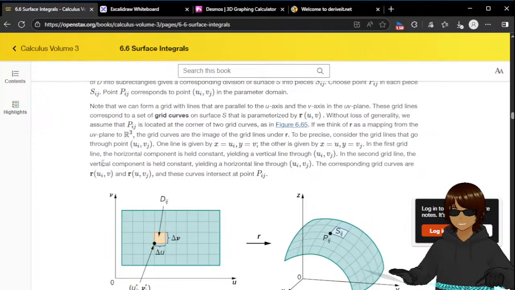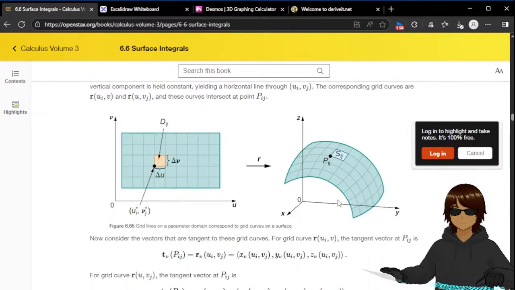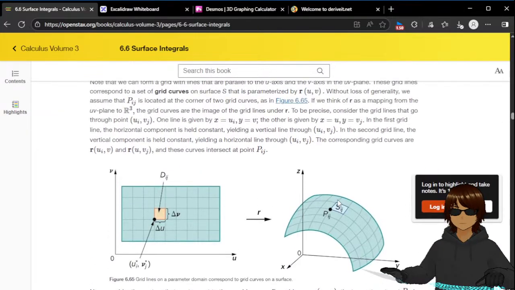In the first grid line, the horizontal component is held constant, yielding a vertical line through (u_i, v_j). In the second grid line, the vertical component is held constant, yielding a horizontal line through (u_i, v_j). Corresponding grid curves are r(u_i, v) and r(u, v_j). These curves intersect at point P_ij.